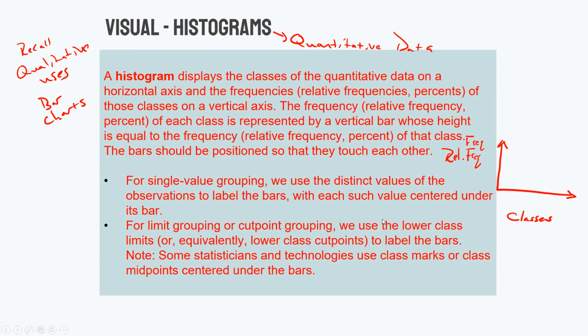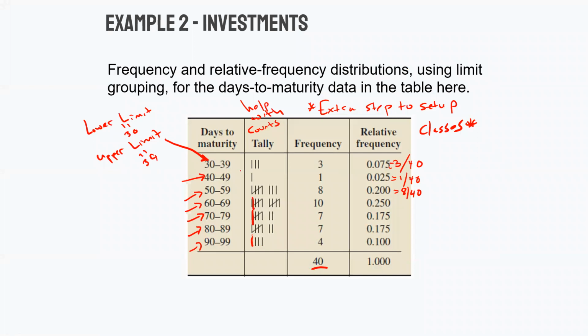And if you look here, go back to how we did our groupings. Do you notice when one group ends, the next group immediately picks up? As soon as you get out of the 30s, you go right into the 40s. As soon as you finish with the 40s, you go right into the 50s. So the classes flow into each other, okay? They're continuations of each other.